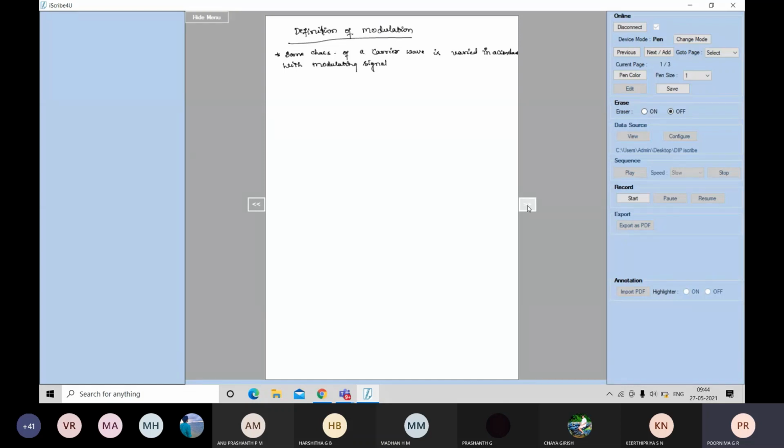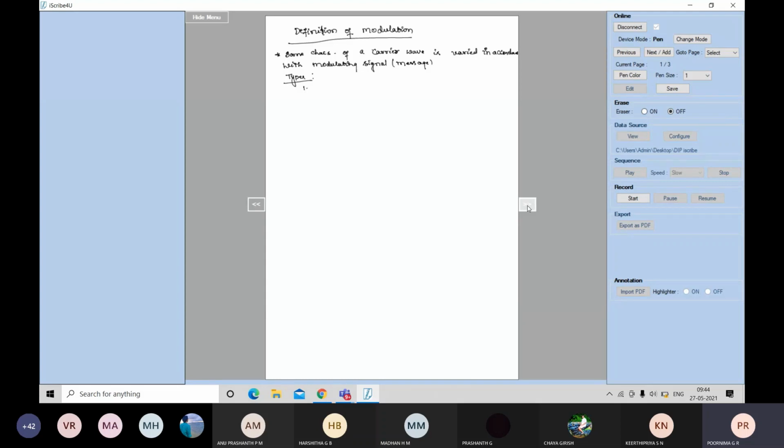Modulating signal is your message signal. Carrier wave is your carrier. Modulated signal is the modulating signal plus the carrier signal. When you add it through some process, that is termed a modulated signal. Now, different types of modulations are available.